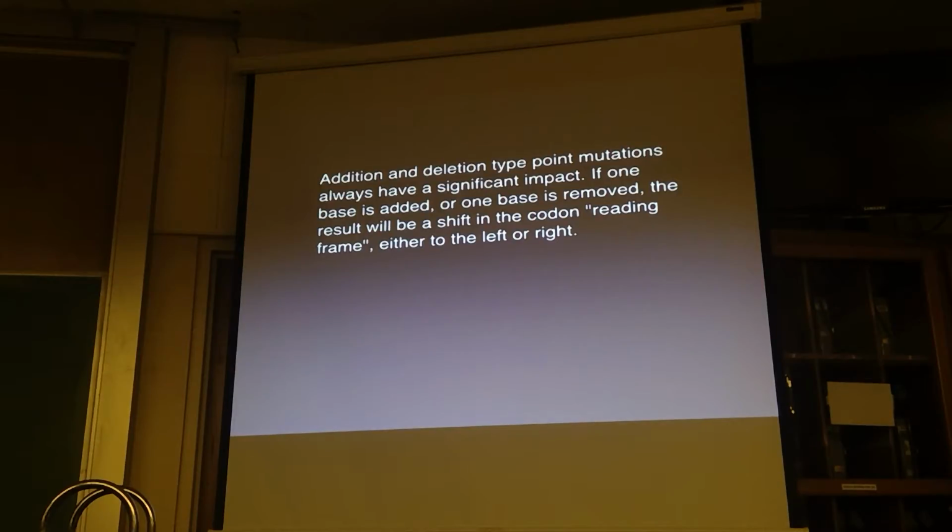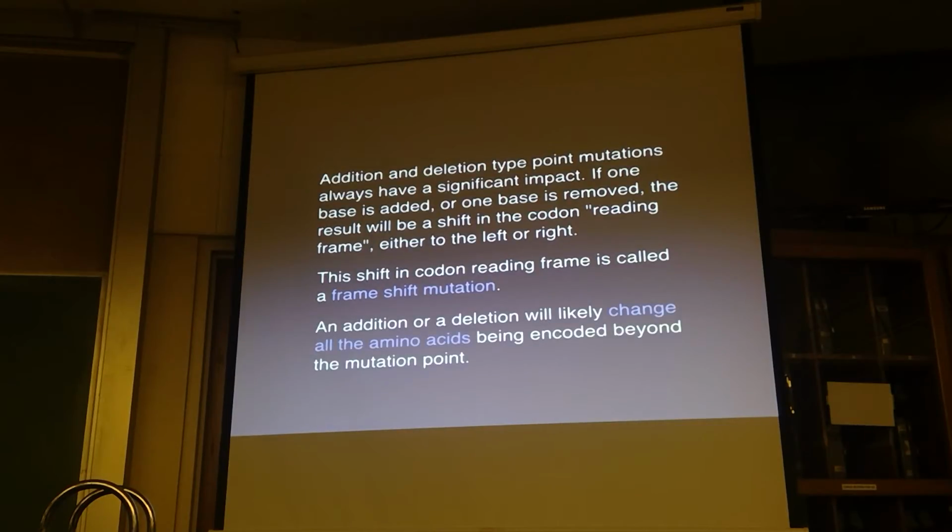So if you take out one base in the DNA or add one extra base in the DNA, it's going to shift the codon reading frame, either to the right or the left, depending on what you're looking at. So this is called a frameshift mutation, where a substitution may or may not be damaging. A frameshift is going to be damaging. It's going to change all the amino acids beyond that mutation point, or probably all of them.